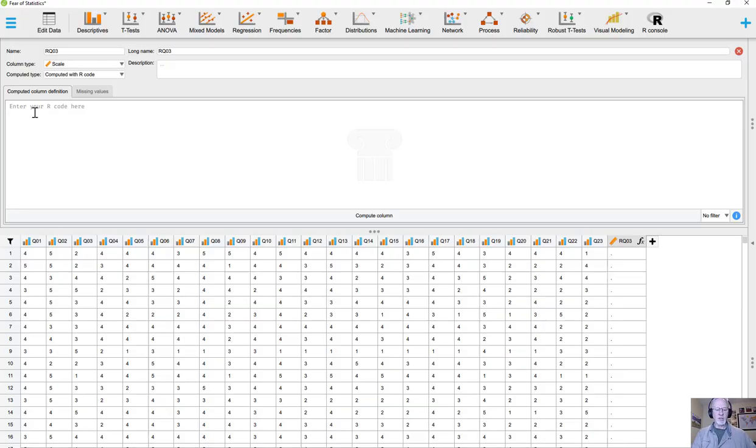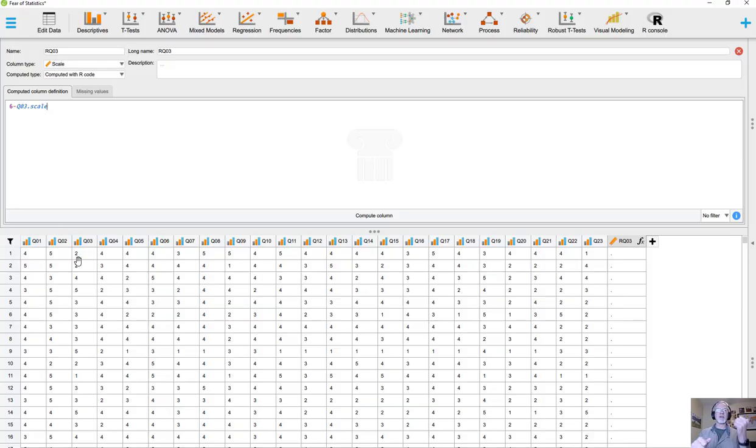I'm going to use the R window and create a column. And what I'm going to do is I'm going to say 6 minus Q03 dot scale. Why do 6 minus the variable? So here's my variable, and I have a 2 here. And if I rescale it the opposite direction, that 2 should become a 4.